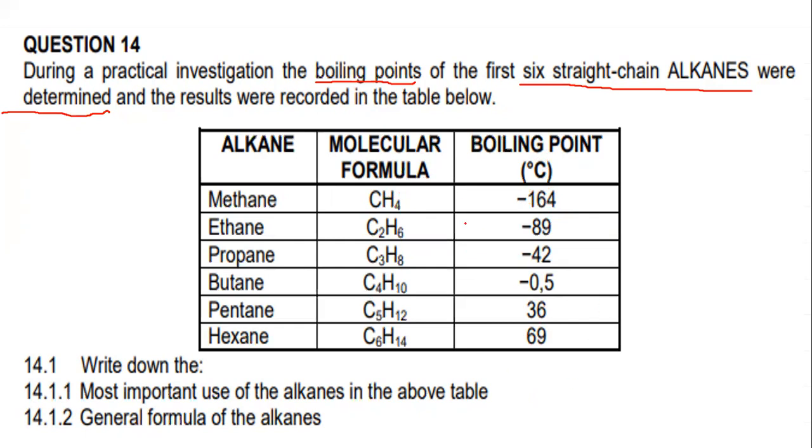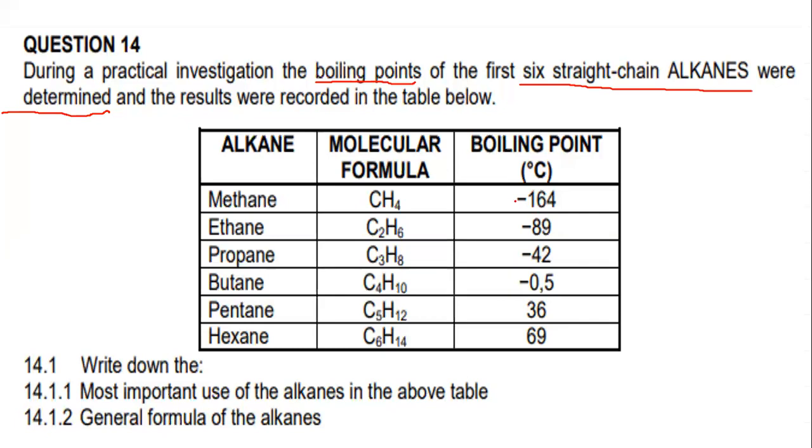Before we even go further, let us try and identify which molecule here has the lowest boiling point. So I see methane with minus 164 degrees Celsius. I see hexane with 69 degrees Celsius. Remember, my dear learners, mathematically, any number that is negative and bigger is actually a small number.